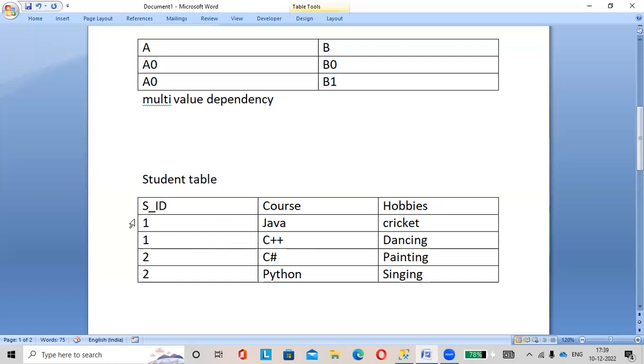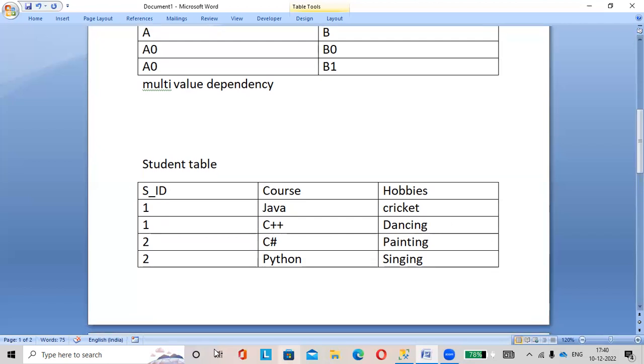Multi-value dependency. Only one student is there. He enrolled for two courses and he has two hobbies. So for which column can we make the primary key? We can't make a primary key for any column. Why? Because see, here duplicate values are there. Here also duplicate values will be present. Here also duplicate values will be present. Yes or no?